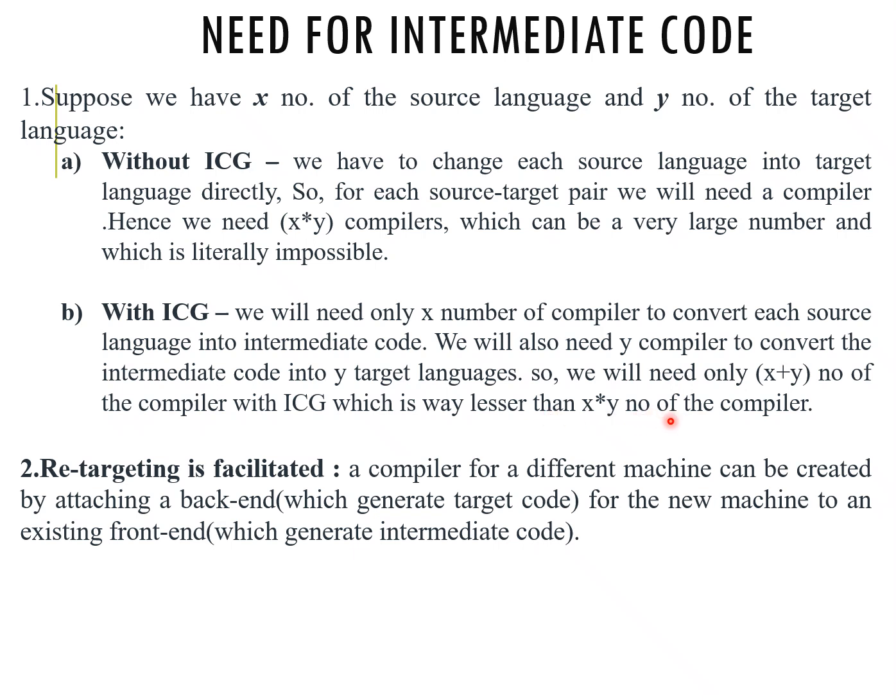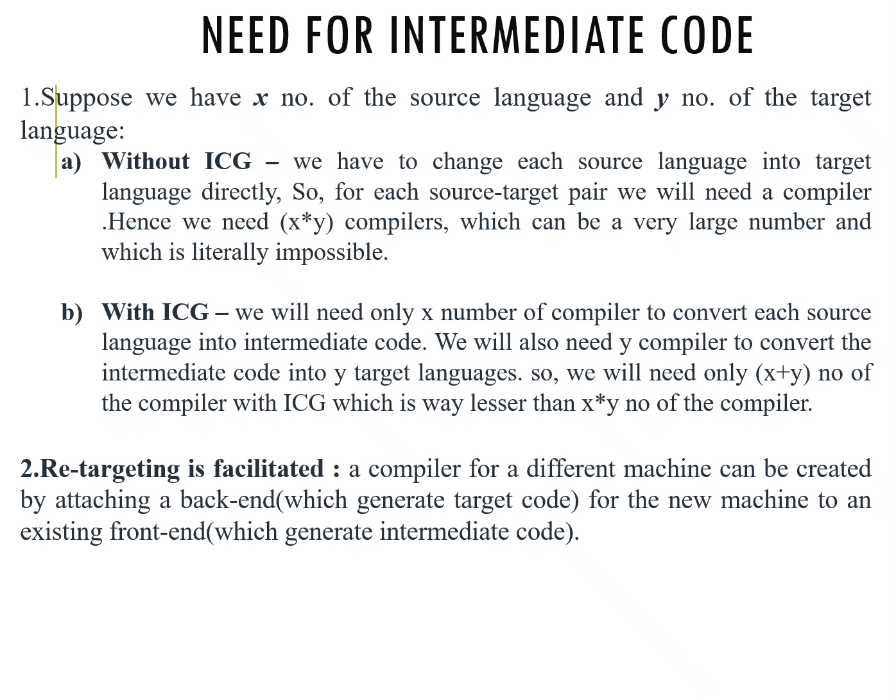Also, because of intermediate code, retargeting is facilitated. Retargeting is facilitated means that for every machine, we will be using the same front end. So the front end of the compiler will always remain the same. What is changing is the backend with respect to the target machine.